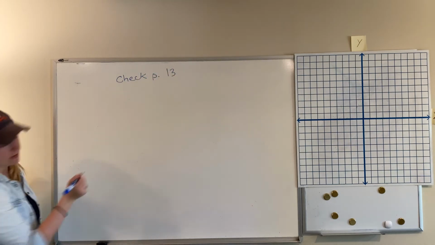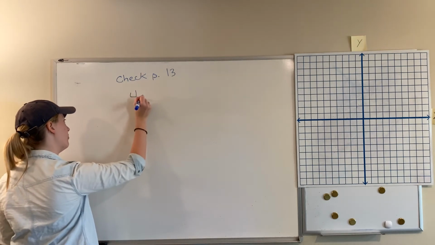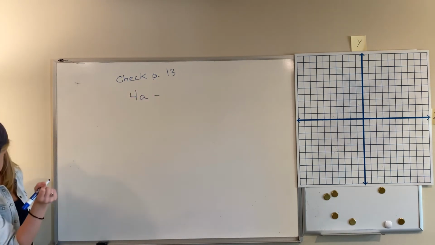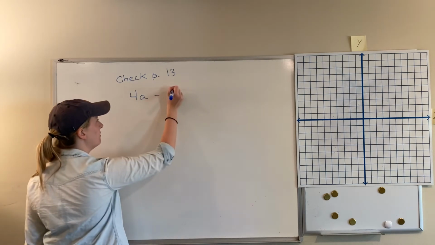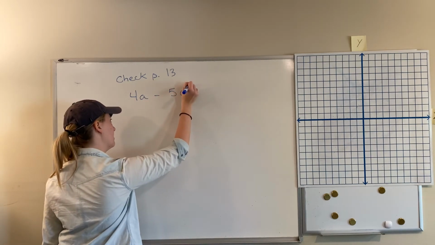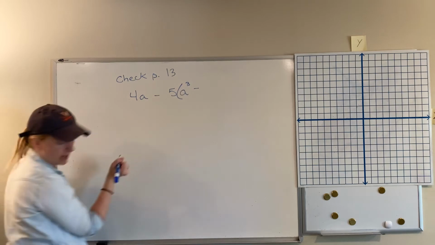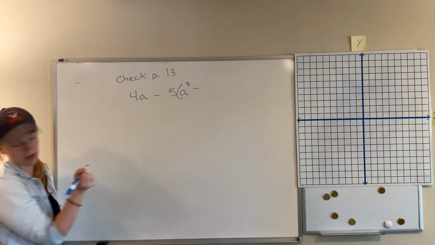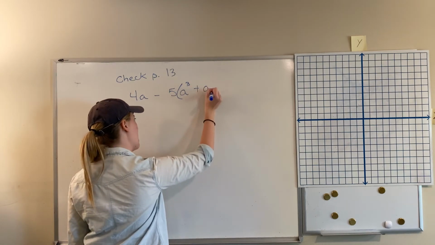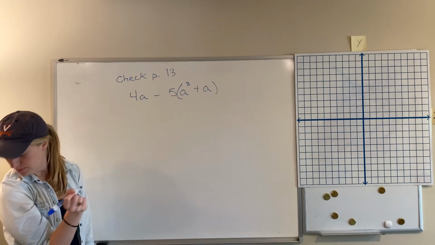We have 4a minus 5 times a to the 3rd plus a minus 3.